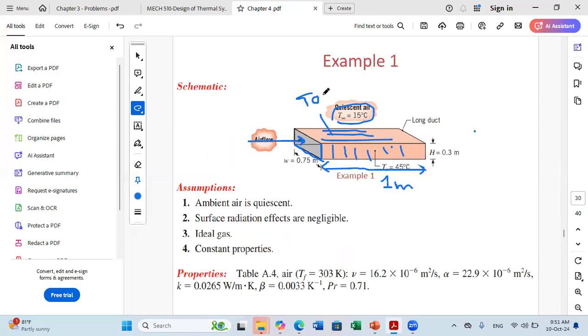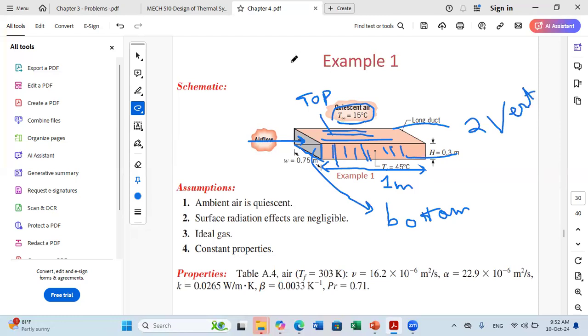It will exchange heat with the surrounding. This is the bottom surface. And you have two lateral surfaces that are vertical. So this is surface one. So this one and this one are two vertical surfaces.